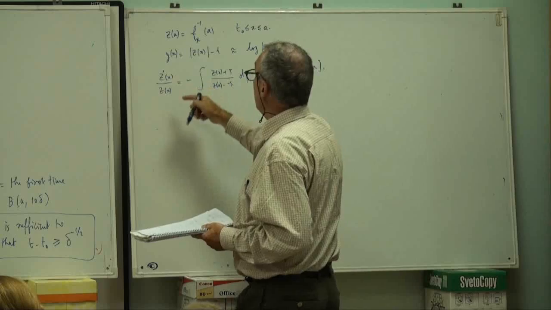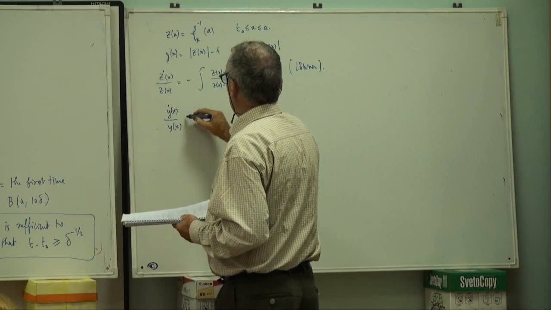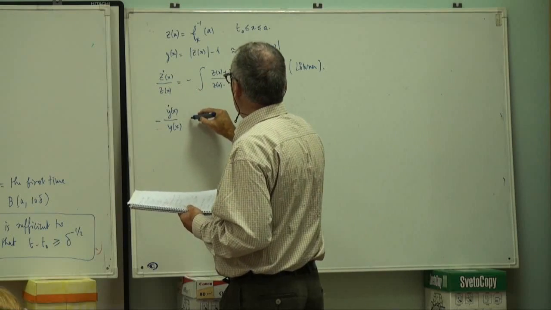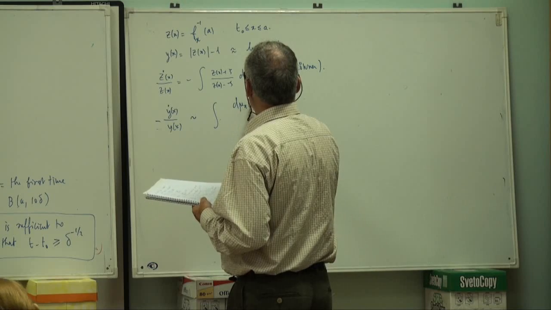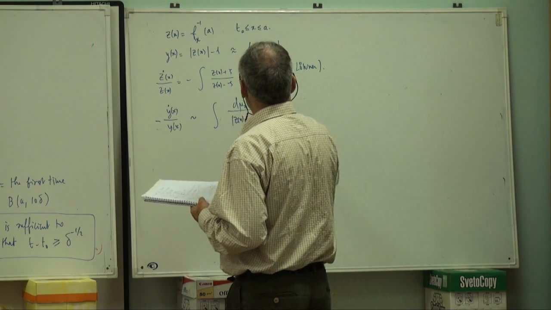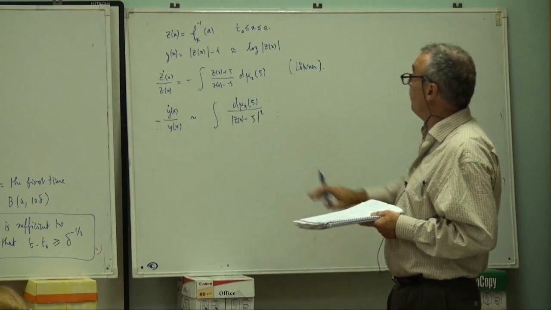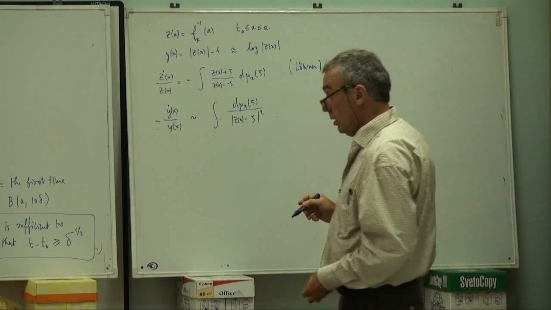And so taking the real part, we get that y dot of x divided by y of x will be, with a minus sign here, about the integral of d mu_x of zeta divided by z of x minus zeta squared. You just take the real part of this and you obtain that. And now we have lemma 2.